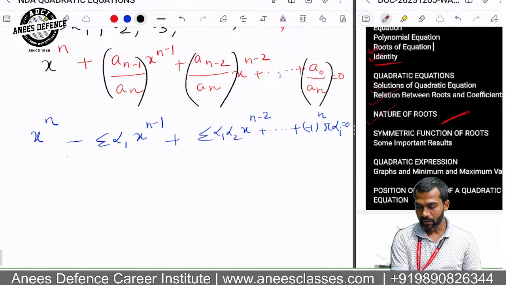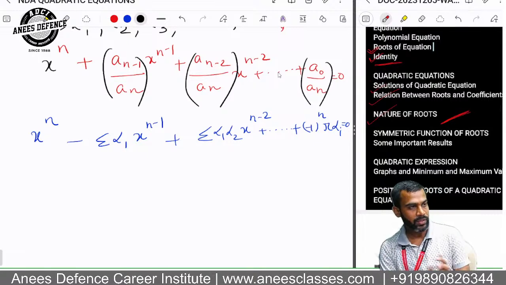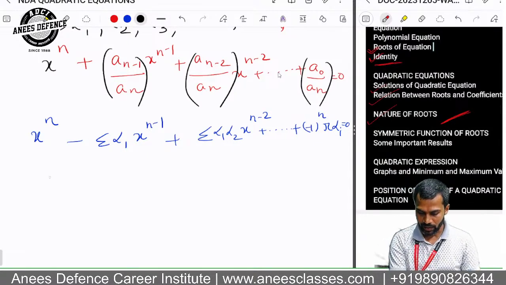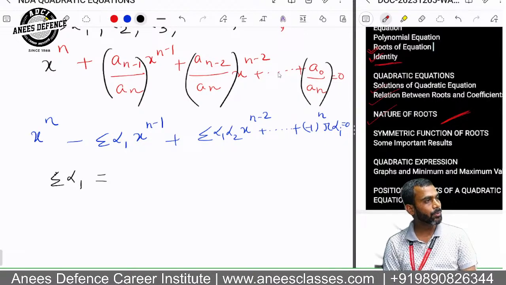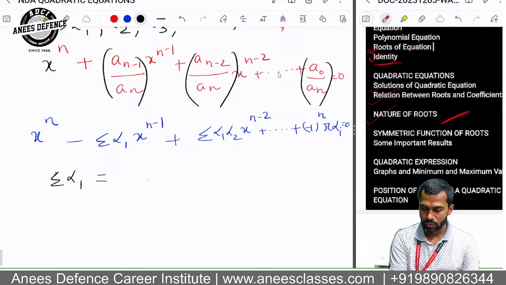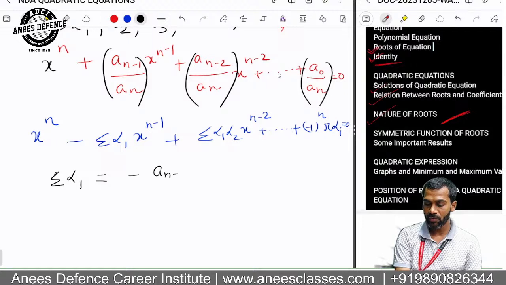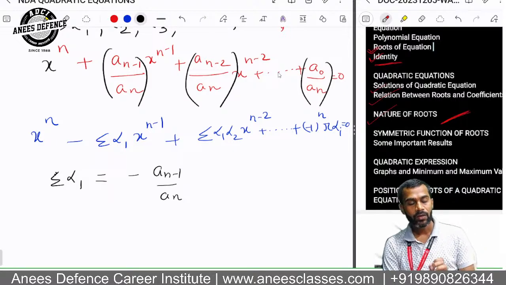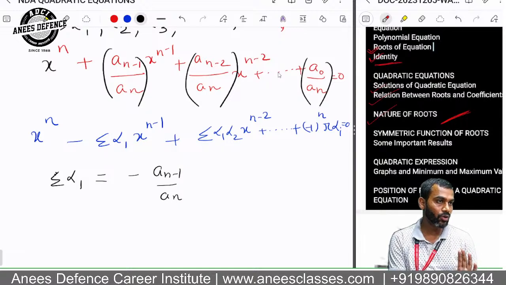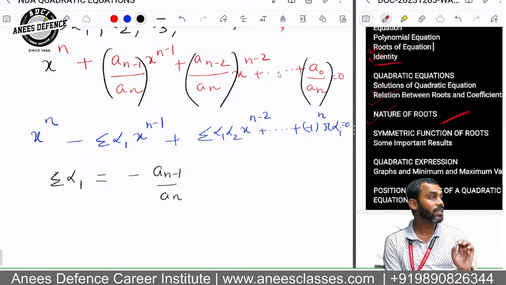So if you compare, x raised to n both are equal, so no issues. Now can I say summation alpha? What is the meaning of summation alpha? Sum of all the roots taking one at a time. Remember it. So I'm not writing it again. Now, summation alpha 1 would be minus an minus 1 over an. It means sum of all the roots of any equation. I'm talking about roots, not x-intercepts.